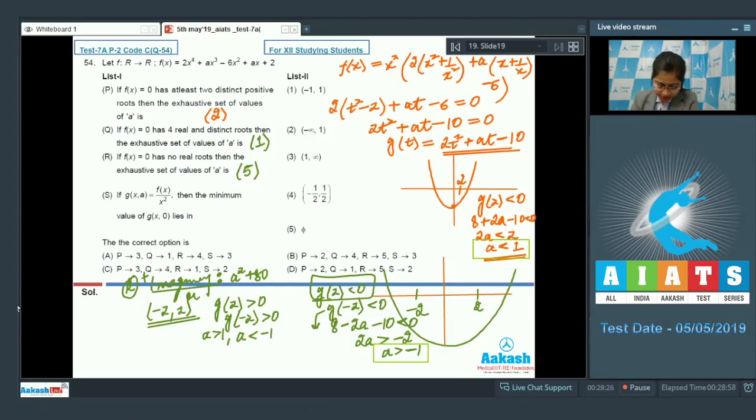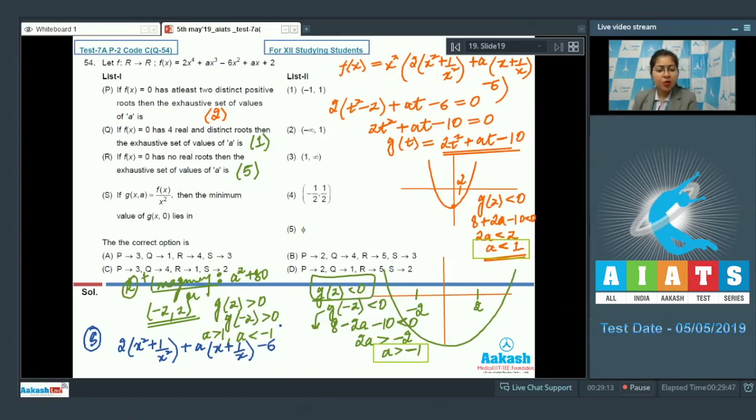Now, option S says that g(x, a) is equal to f(x) upon x square, then the minimum value of g(x, 0) lies in. f(x) upon x square is equal to 2 times (x^2 + 1/x^2) + a times (x + 1/x) - 6.